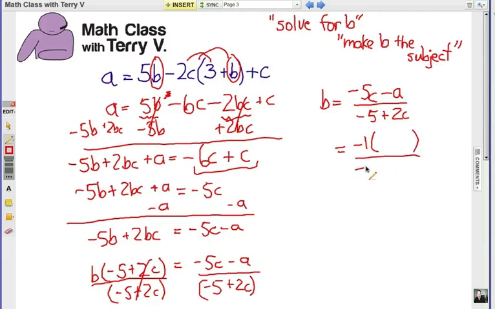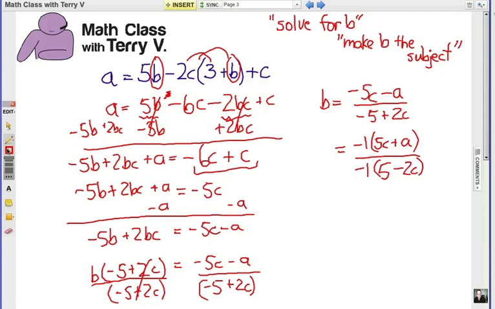So if we're going to factor out a negative 1 out of the top and bottom, that means we're going to change the signs. This will be a positive 5C and that'll be a positive A. When I multiply that negative 1 on the outside twice, that would give me my original binomial up there. What about this? Well, if I factor out a negative 1 on the bottom, that would leave me with a positive 5 and a negative 2C.